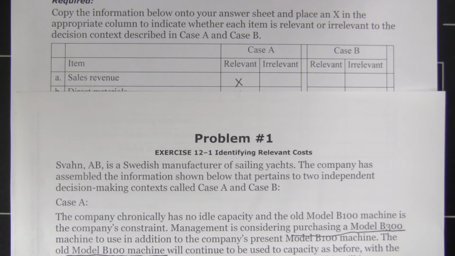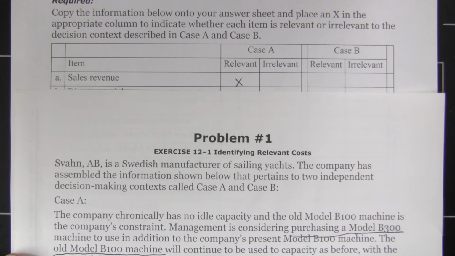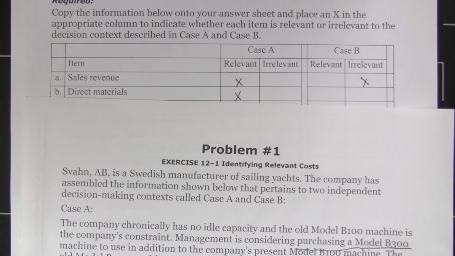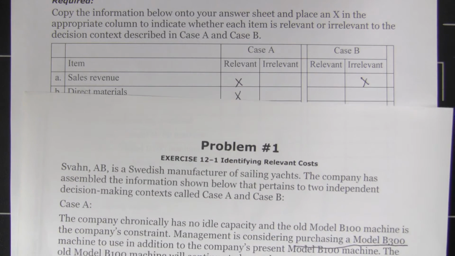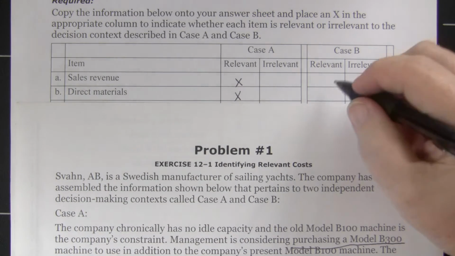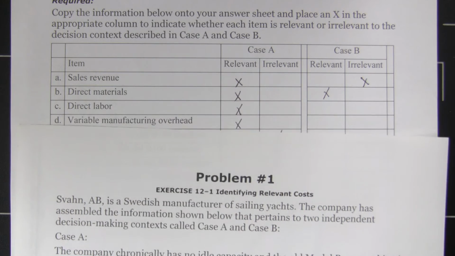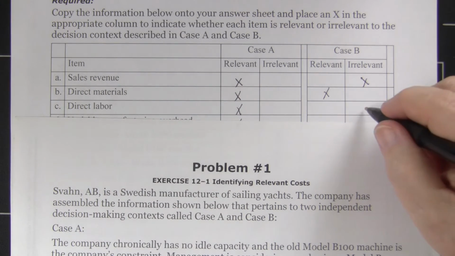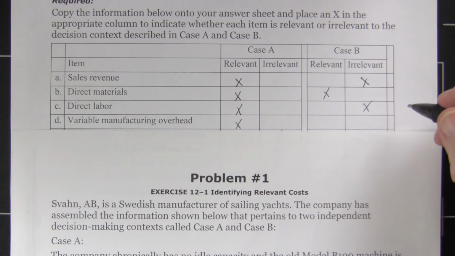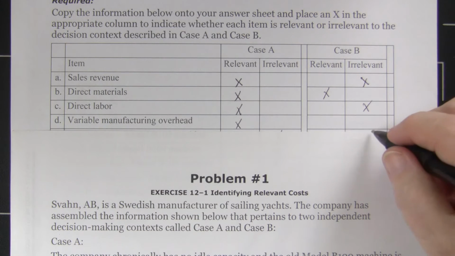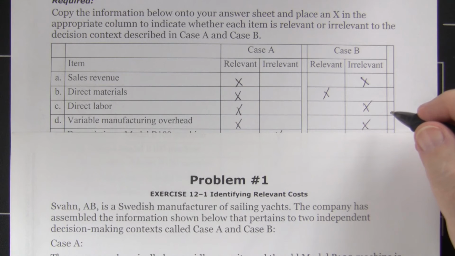So, sales revenue, because we're told we're not going to have any change in sales, that's irrelevant. We're told that there'll be some savings in direct materials, so that's relevant. It says nothing at all about labor, so that's irrelevant. It says nothing about overhead, so that's irrelevant.